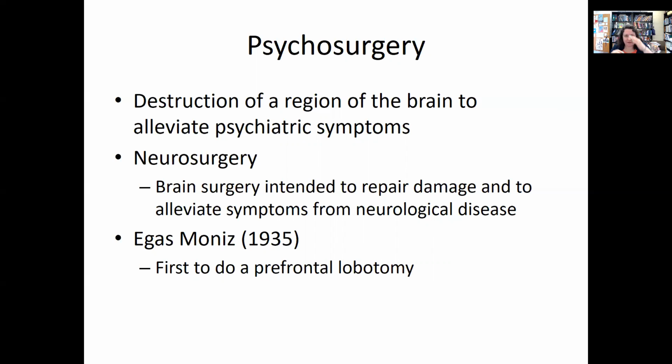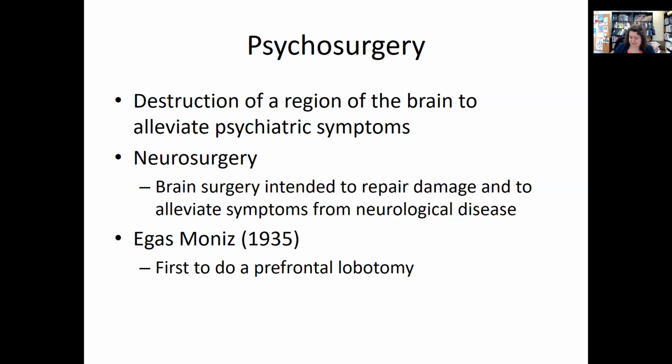So a prefrontal lobotomy, essentially they just put a sharp stick up and mashed around your brain, and then patients were calmer, and it was because you messed with the prefrontal cortex, which controls things like personality and emotion, right? So they did this to hundreds of thousands of patients, and they didn't really know what they were doing. They went in blind and just sort of did this.